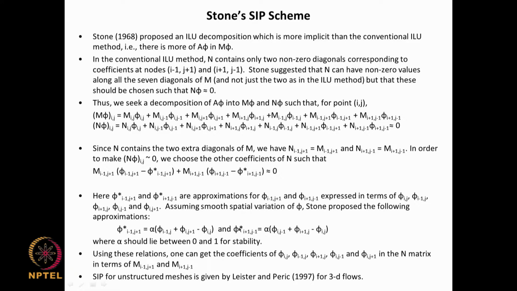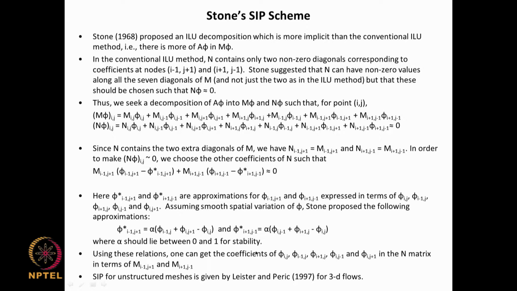So if you now put this into this, then all the 7 things will appear here, but these estimated values are such that although these quantities are not 0, the ones inside the bracket are 0. Okay. So if you choose that, then the overall thing, which is now equal to the N phi, is close to 0 there.